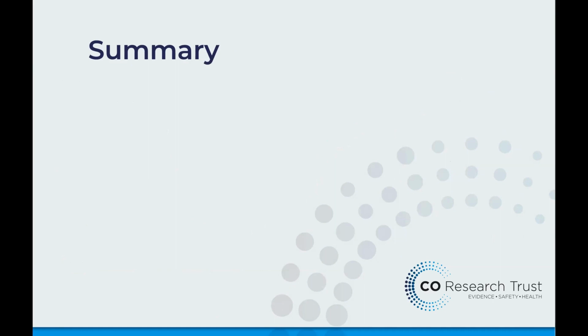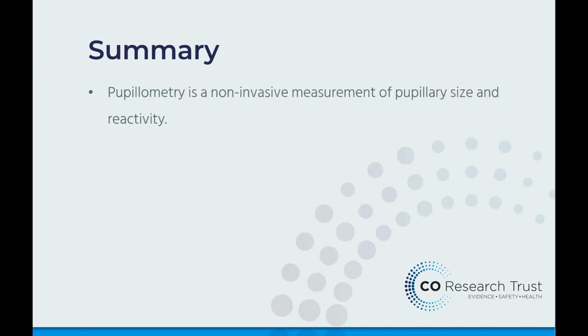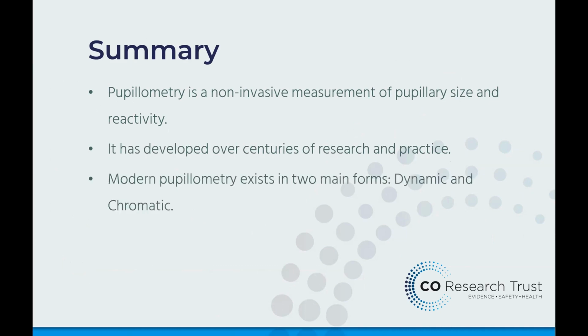To summarize this section, pupillometry is a non-invasive measure of pupillary size and reactivity that has been developed over centuries of research and practice. In modern pupillometry there exist two main forms, dynamic and chromatic pupillometry, and there are numerous parameters to consider that relate to the pupillary light reflex and its dynamic nature.